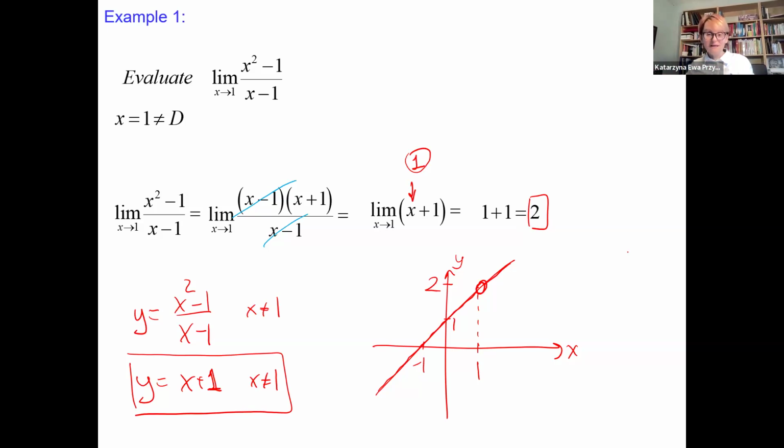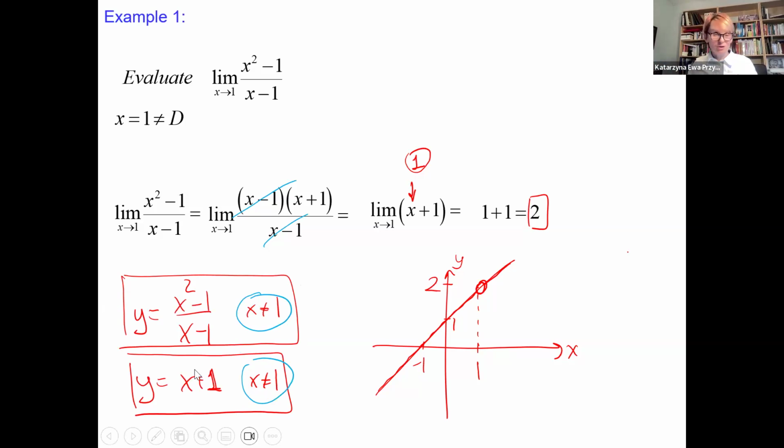When we cancel out, the 0 is still there, right? We still have no value. That means we may say these two functions are equivalent only if we indicate that x is not 1.